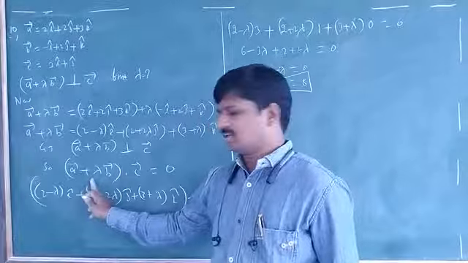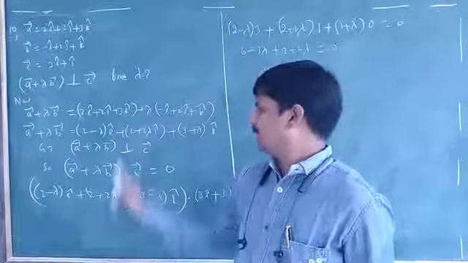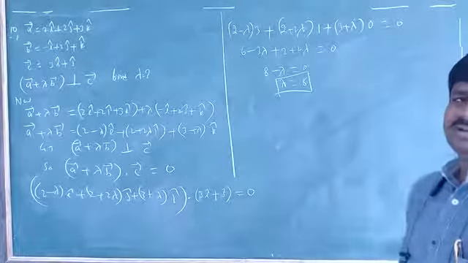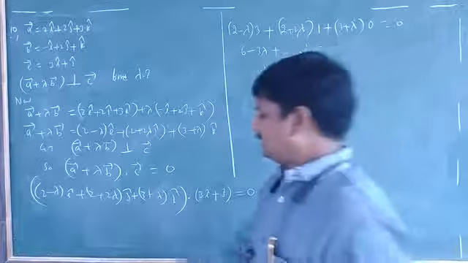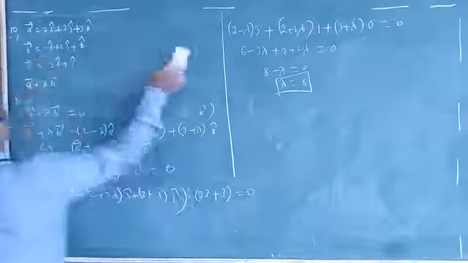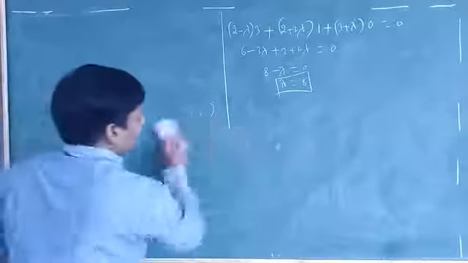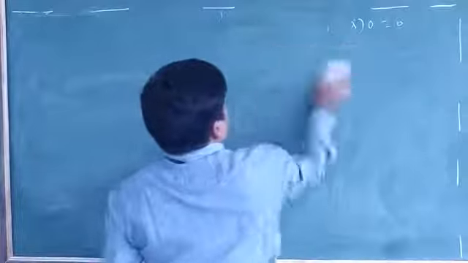Find this vector, the other is already given, find the dot product, then you will get lambda. Understand? It is question number 10; in this manner you have to find it. Remember, next we come to question number 11.